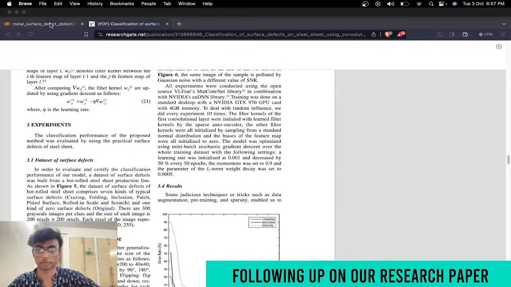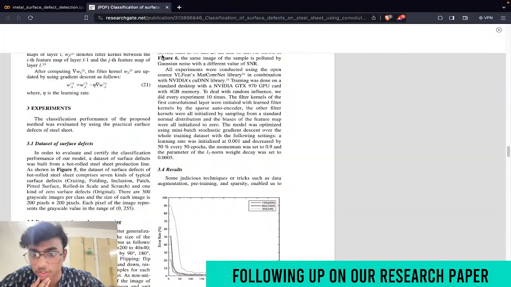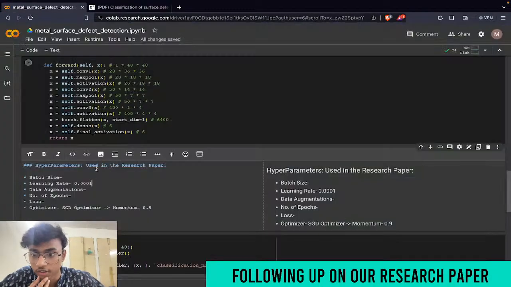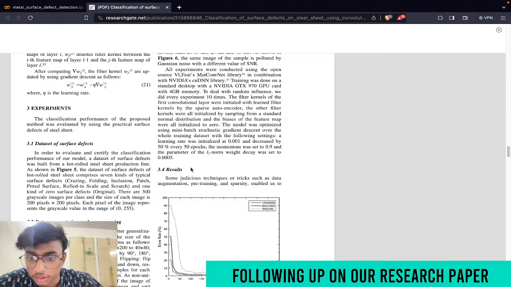Okay, so for the optimizer, momentum is 0.9, learning rate is 0.001, every 50 epochs. What else information?